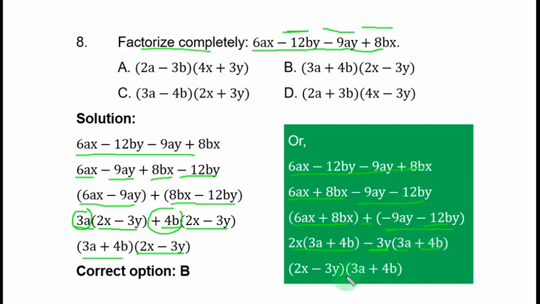If you take out 3a plus 4b, the common terms, you are left with 2s and minus 3 that will form the other bracket. If you compare the two answers now, the difference is the position of the bracket. Both are the same.